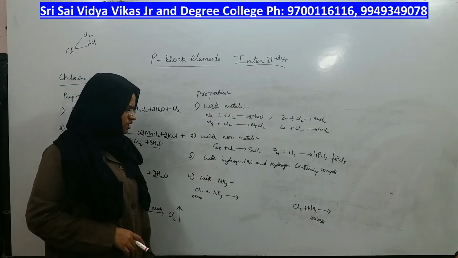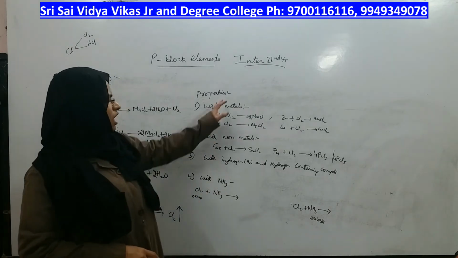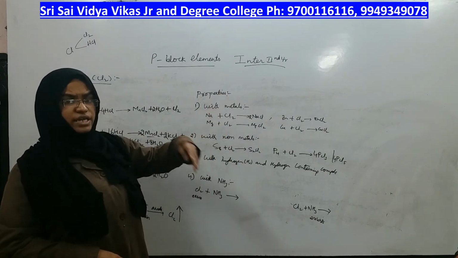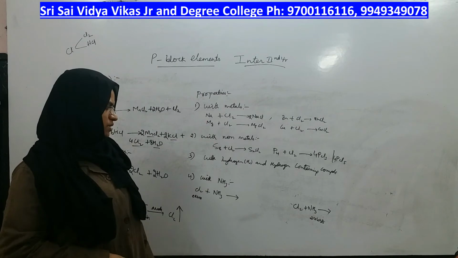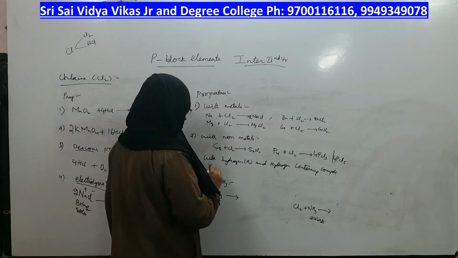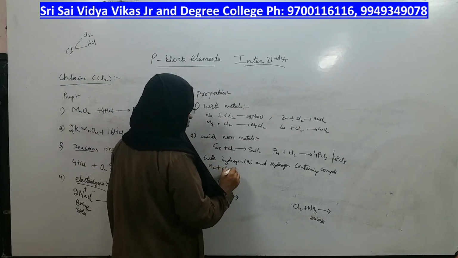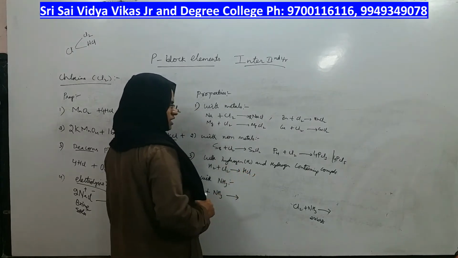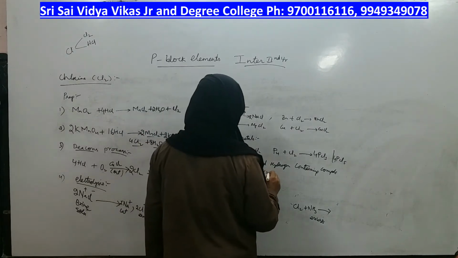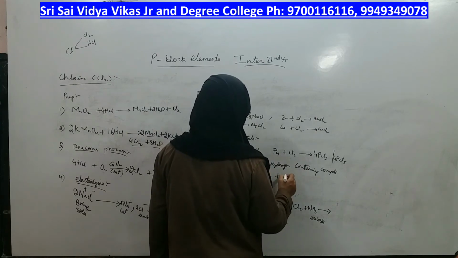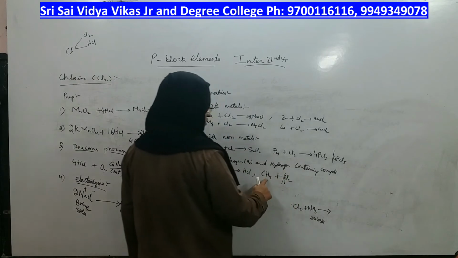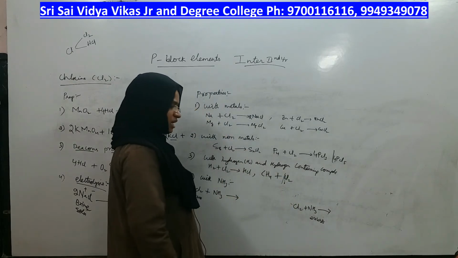Next reaction, what is the reaction? How chlorine reacts with just hydrogen gas or any compound in which hydrogen is present. Just hydrogen gas means if chlorine reacts with hydrogen, you get HCl. If chlorine reacts with any compound in which hydrogen is present, say CH4 plus Cl2. CH4 is an alkane, right?